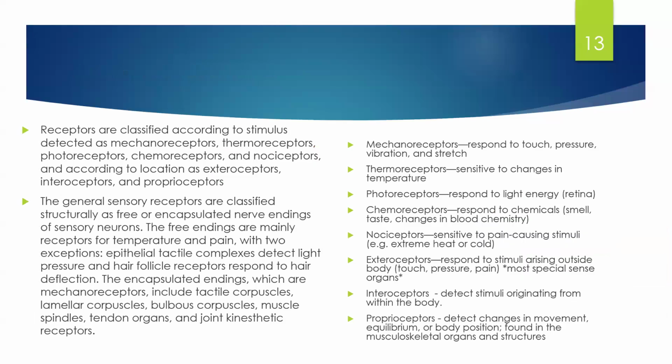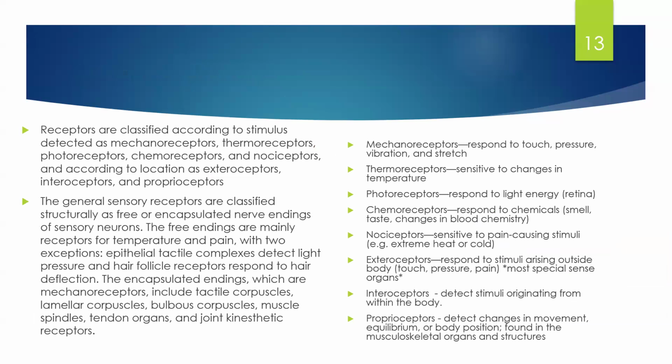Okay, this is a lot. So receptors are classified according to the stimulus. So we have mechanoreceptors, thermoreceptors, photoreceptors, chemoreceptors, and nociceptors. And then they're also classified according to location.